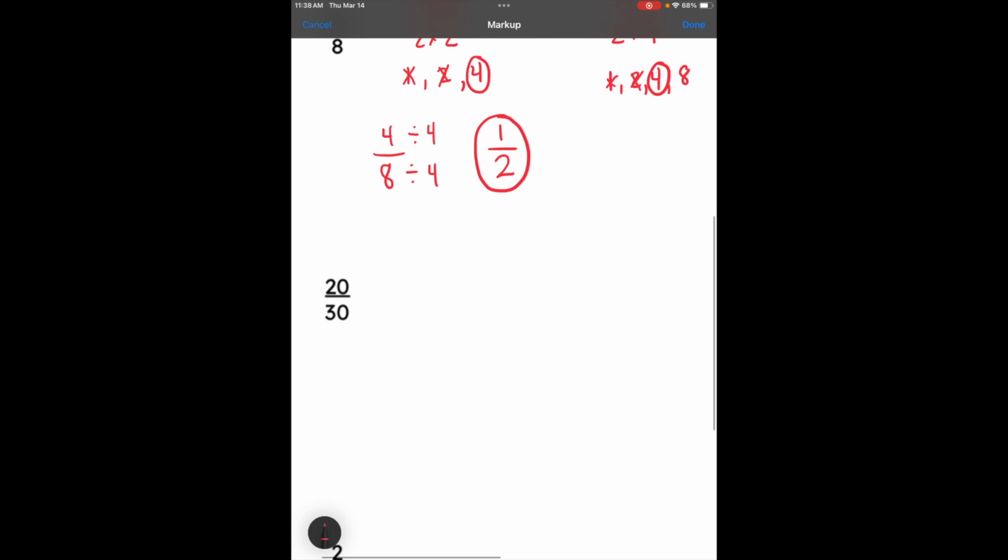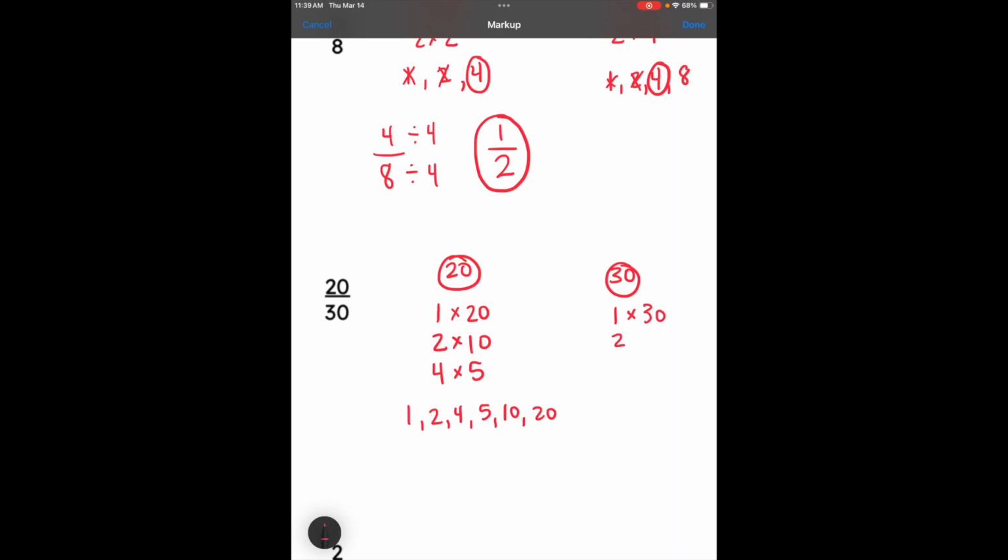Let's do another one. 20/30. If I factor out 20 and 30, I've got a decent amount of factors for these numbers. So 1, 2, 4, 5, 10, 20.